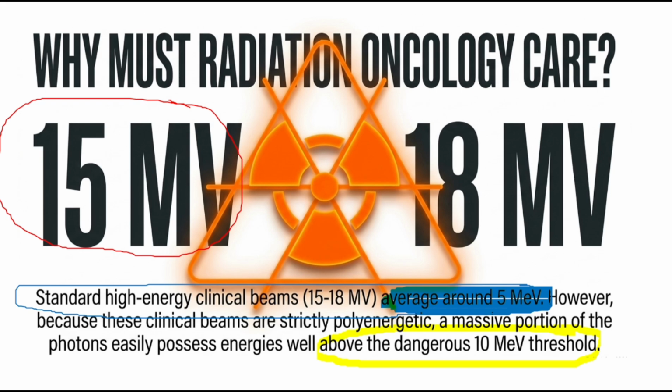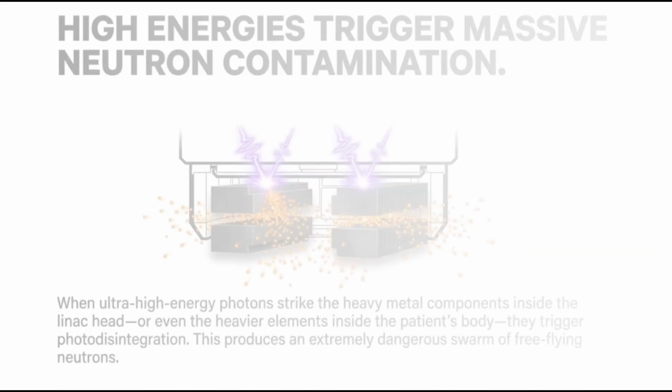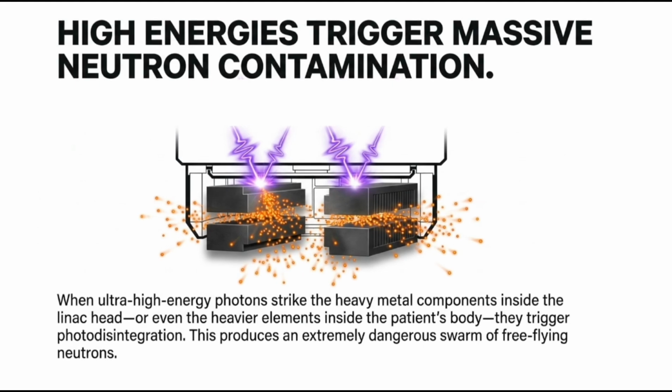These specific ultra high energy photons are the ones that create a massive safety hazard inside your clinic. Where exactly does this dangerous interaction happen in your department? See, when you use these ultra high energy beams, the photons must pass through the gantry head of your linear accelerator.